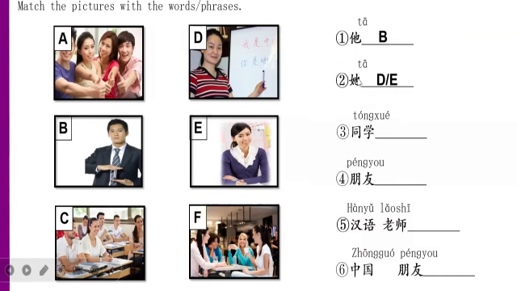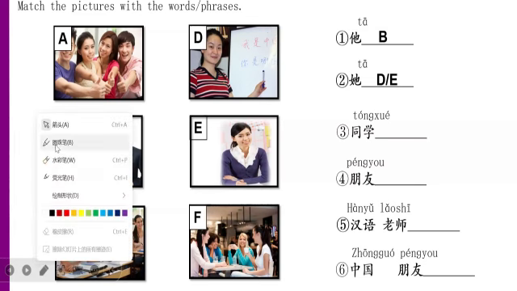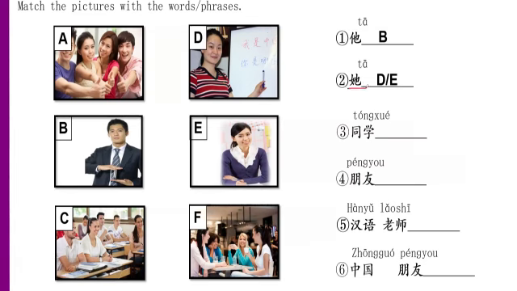Please take a look at the two Chinese characters. The pronunciation of the two characters is the same, ta. They have the same pronunciation, just the Chinese characters are different. The left side of this Chinese character is 女, it means female, so this ta refers to a female.